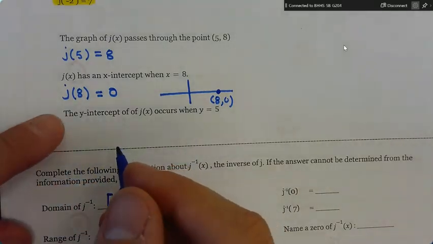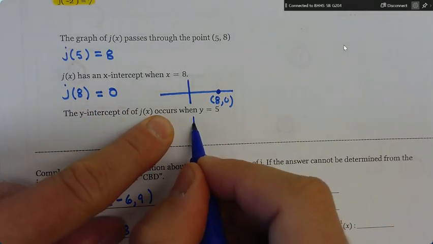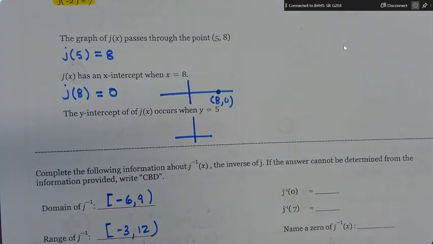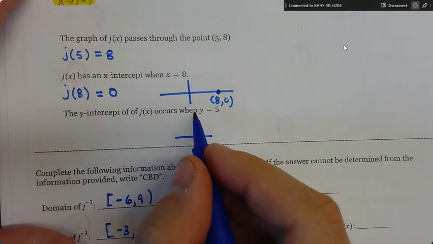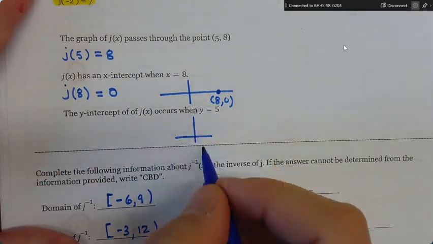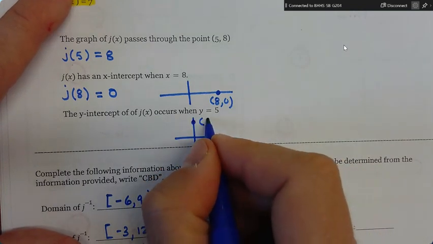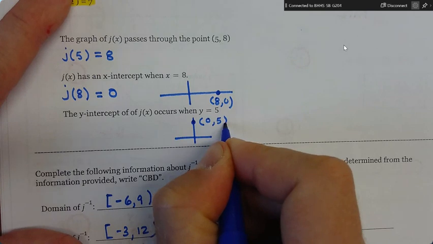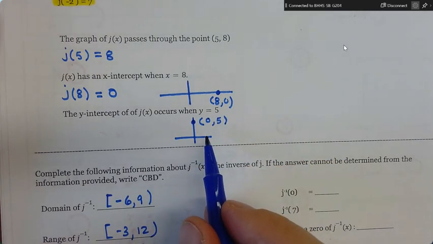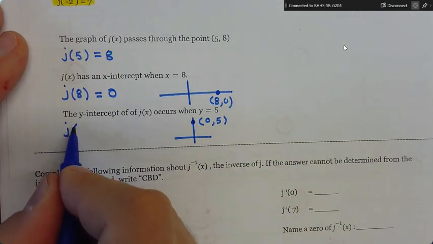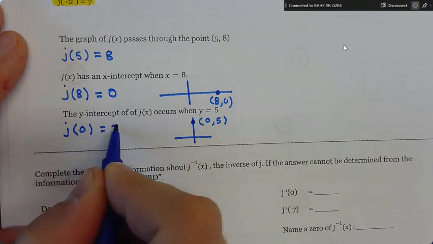And then one more. The y-intercept of Jake occurs at y equals 5. Okay, so the y-axis is right here. And that point would be (0, 5). Does that look good to you guys? All right, so Jake of 0 is 5.